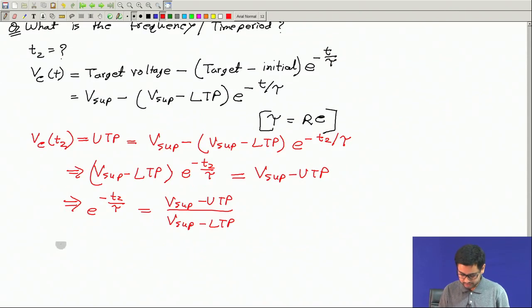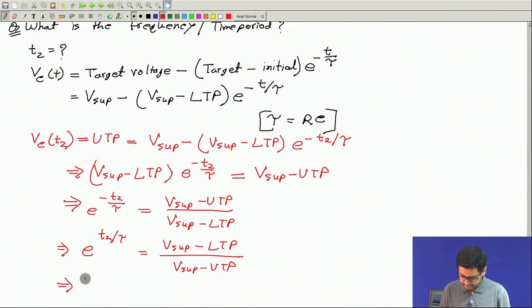So, take a log on both sides. Or before that you can write it as e to the power t2 by tau is V supply minus lower trigger point divided by V supply minus upper trigger point.